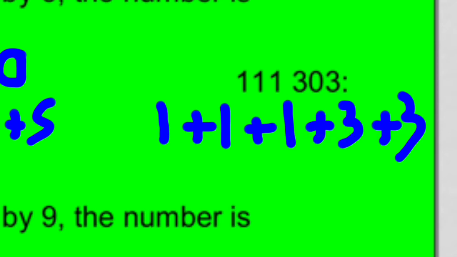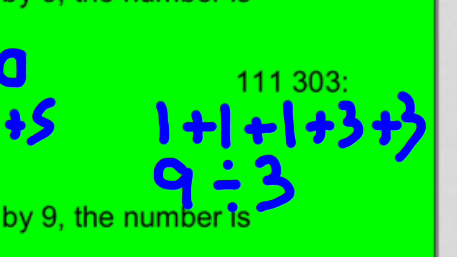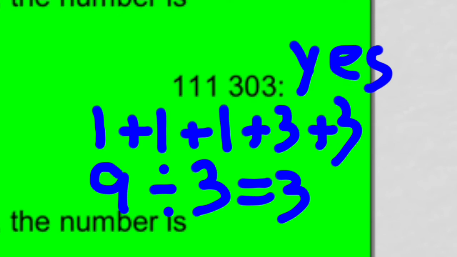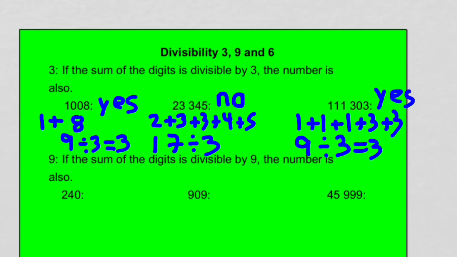So once again, we have a digit sum of 9, and we know from the first example that this will divide by 3 evenly, which means that entire number will divide evenly by 3. So that is the divisibility test for 3. You add up the digits, and if that digit sum is divisible by 3, the entire number is.